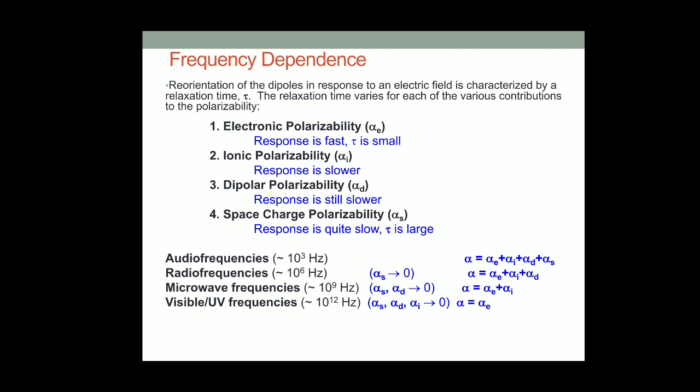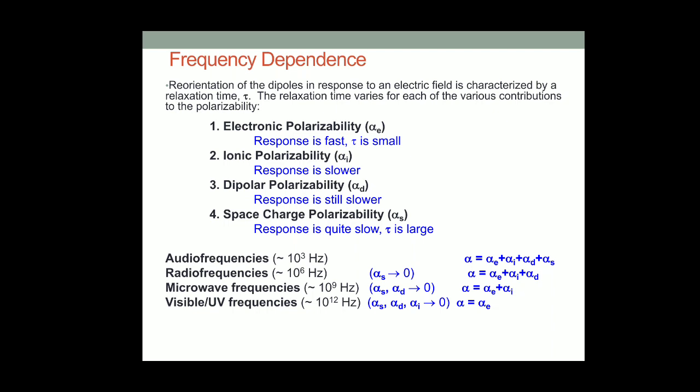Frequency effects. The electronic polarizability is a very rapid process and will complete at the instant the voltage is applied. The reason is that the electrons are very light particles compared to ions.